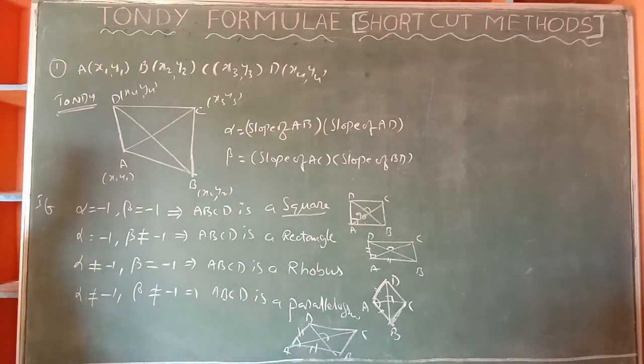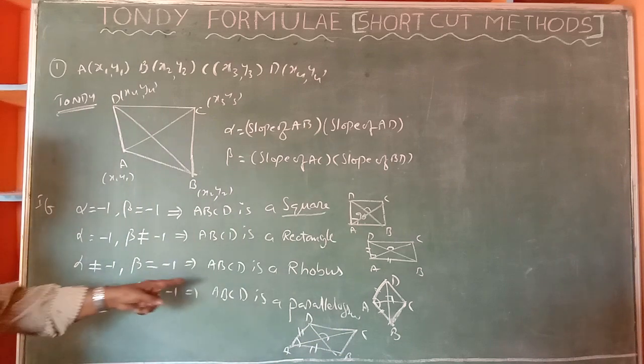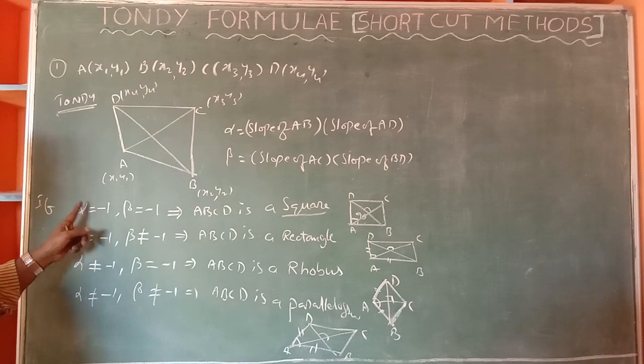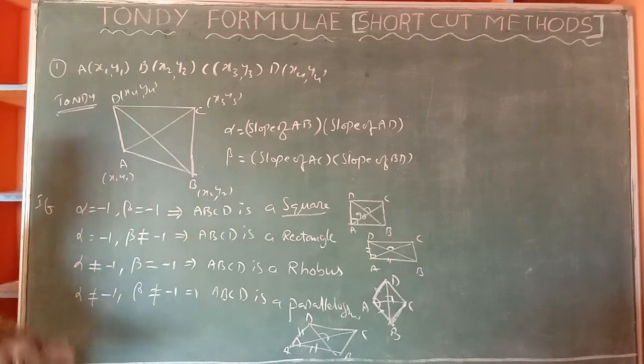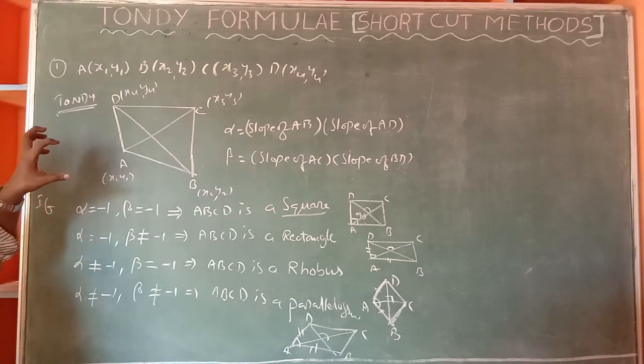So if alpha and beta are both not equal to minus 1, it is a parallelogram. If alpha and beta are both equal to minus 1, it is a square. You make the difference. It is an important concept.